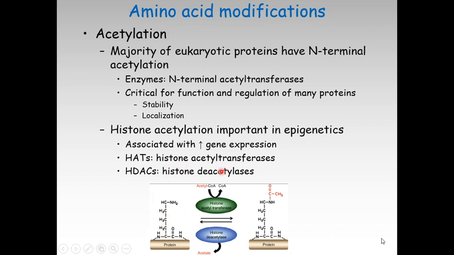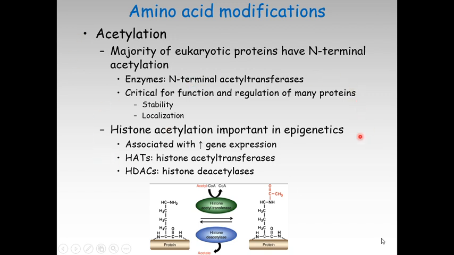Now, these acetyltransferases and deacetylases are called readers and erasers, right? So because they are associated with gene expression, these enzymes regulate gene expression by regulating the acetylation status of histones.